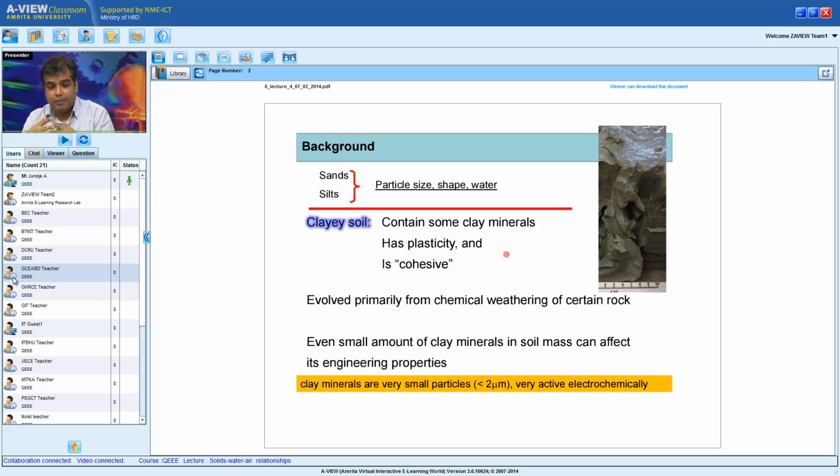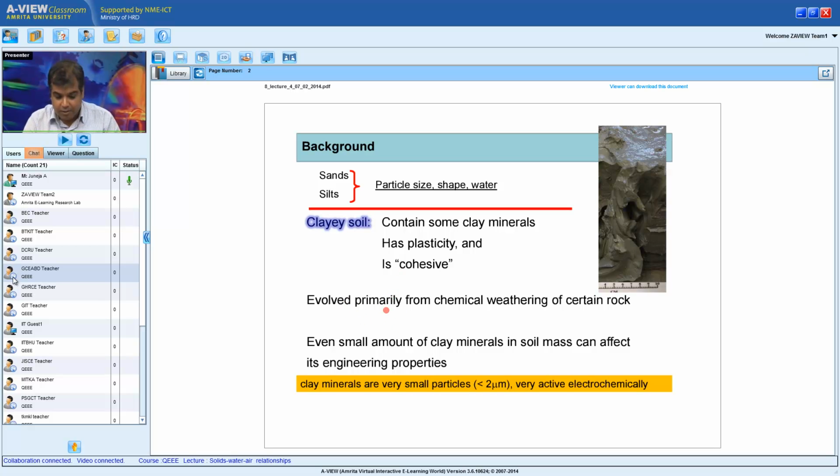That group of people is now very strong today. They have a very strong feeling that we should not be calling clays cohesive, although our teachers and everyone have only been calling clays cohesive. But today, a lot of international standards, look at the BS code, have changed. They don't call clay cohesive. They call them fine-grained plastic soil. So perhaps over a period we will try to change or adapt to the new system.